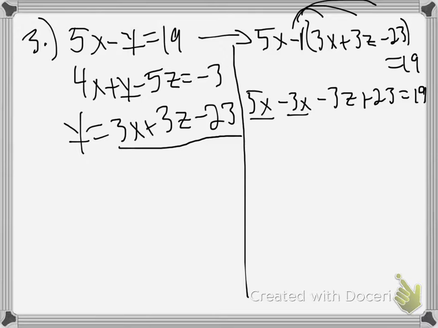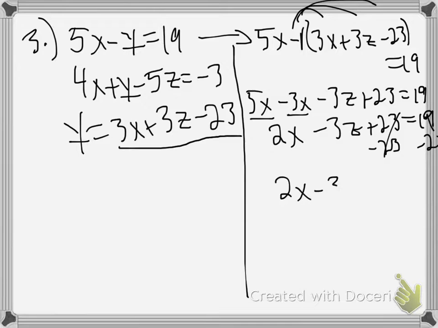Combining like terms, 2x minus 3z plus 23 equals 19. And then subtracting 23 from both sides, I get 2x minus 3z equals negative 4. So there's one equation for my system of equations in two variables.